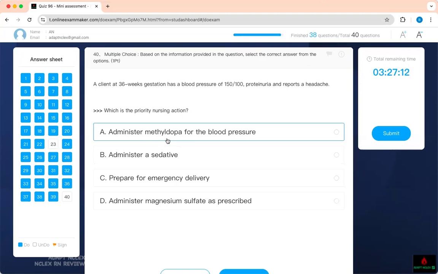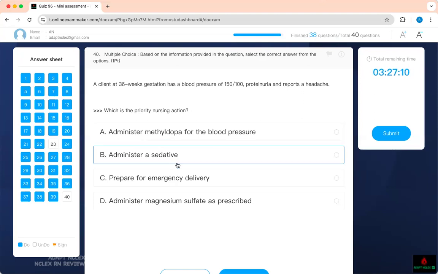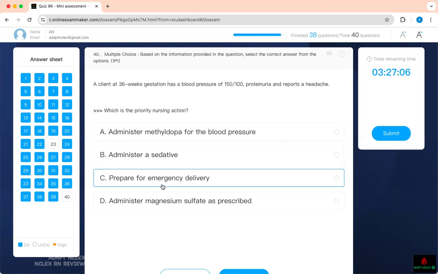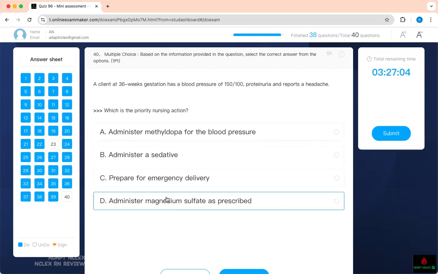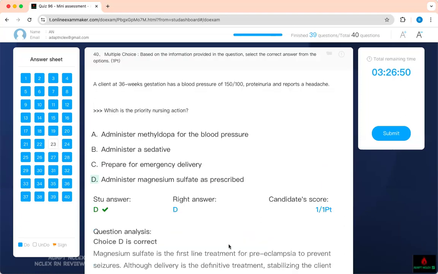Control their blood pressure, give them some sedative, prepare for emergency delivery, and give them magnesium. Magnesium will slow whatever is going on before you can even take them to surgery. If you take them to surgery with all of that failing, it's not going to help. So magnesium first to take care of it.